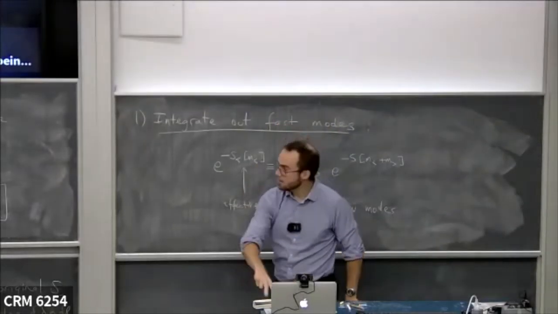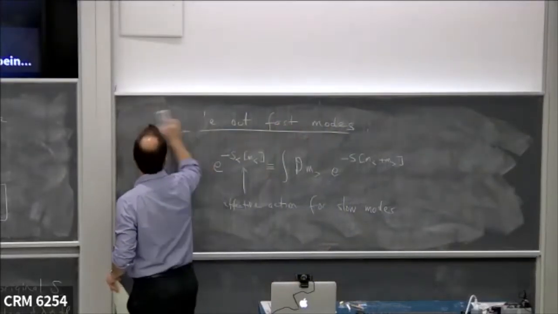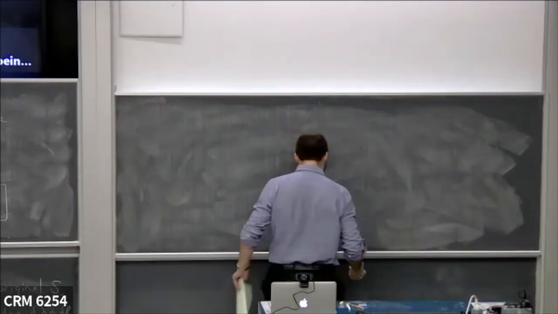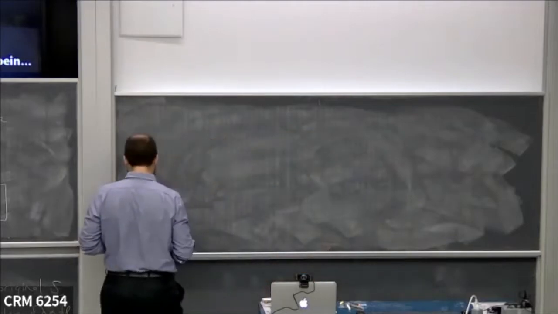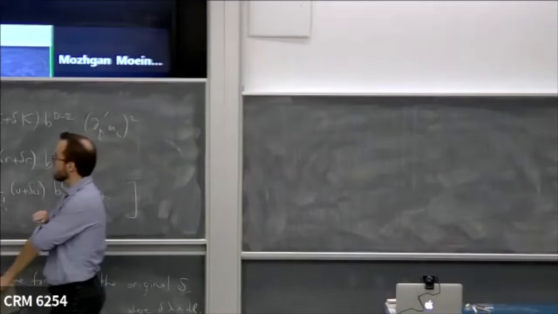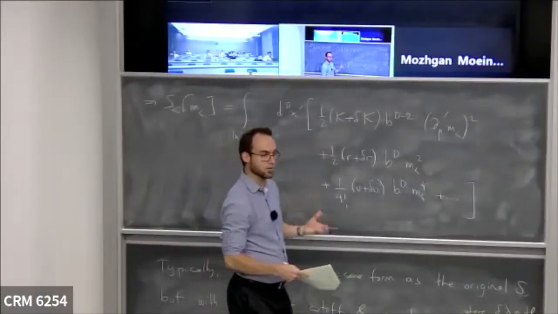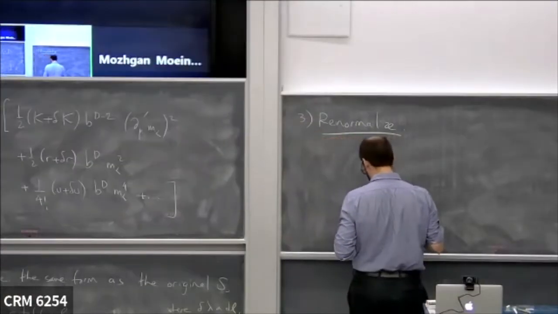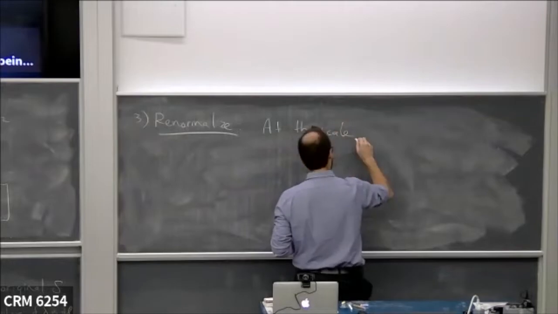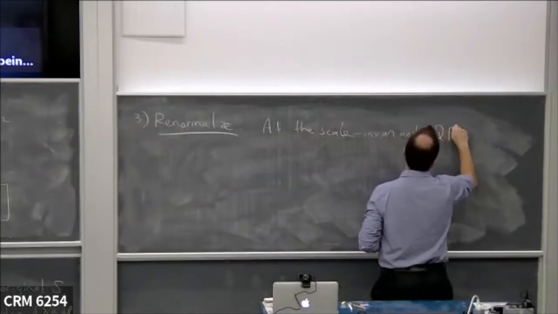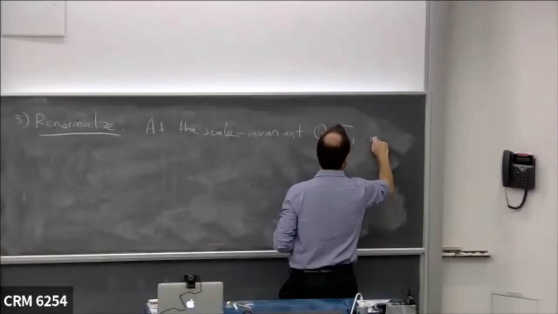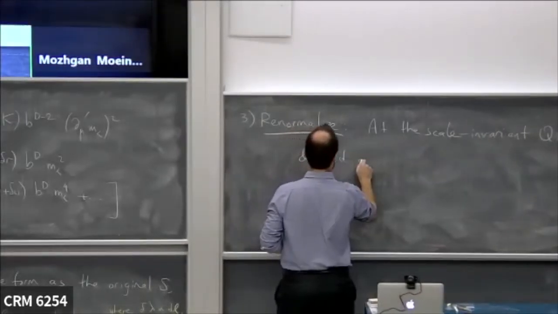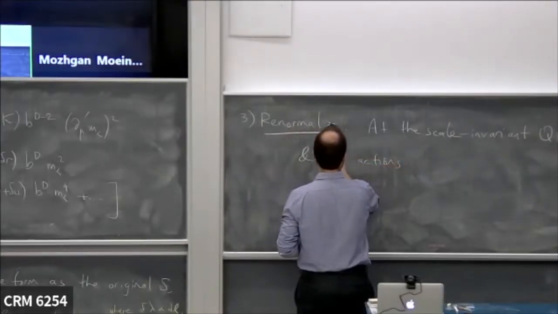And then finally, to bring the theory back into the original form, we want to enforce the fact that at the scale invariant quantum critical point, the two actions are exactly the same. I'll call this step renormalize. We rescaled the coordinates, but we also renormalize the fields. So at the scale invariant quantum phase transition, the new and old actions should coincide.